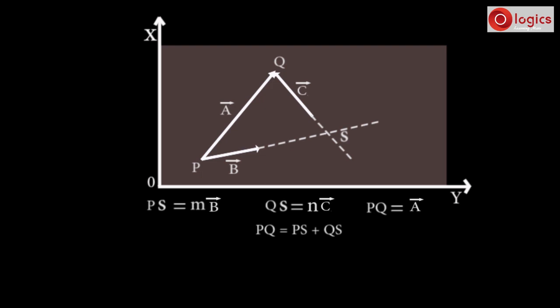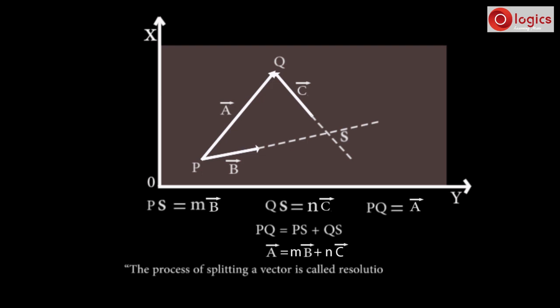On substitution, a bar equals m into b bar plus n into c bar. Here, these two vectors are derived from a bar, and also we can say a bar is split into two vectors. The process of splitting a vector is called resolution of a vector.